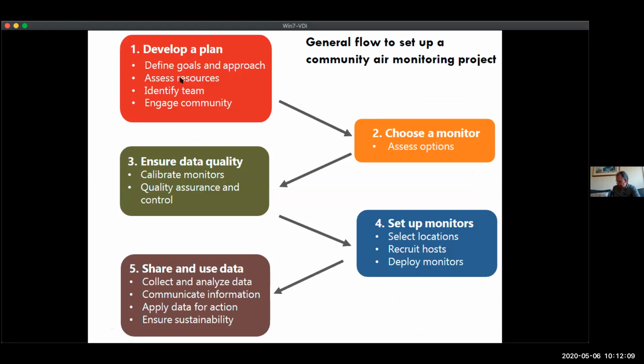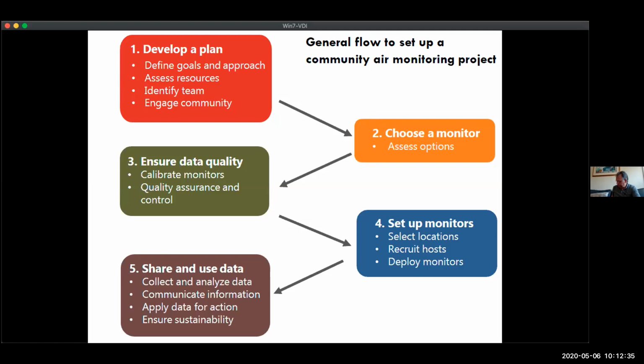The next step is to choose a monitor: assess your options, what kinds of sensors are available and affordable in terms of low-cost sensors for the particular kinds of pollutants you want to monitor. The next step is to set a process in place for ensuring data quality, which we'll talk more about later. And then setting up the monitors.